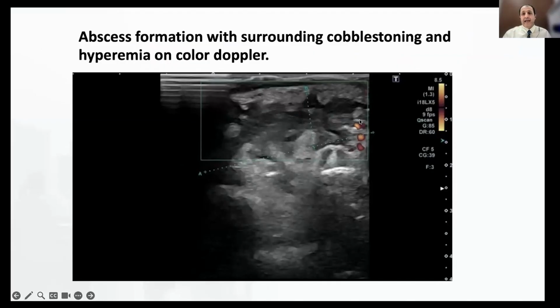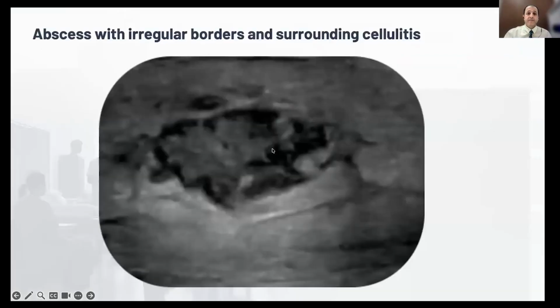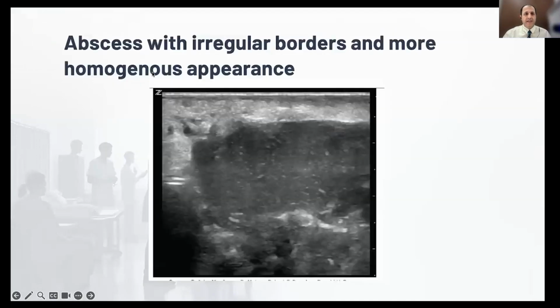And if you see here with the color Doppler, we have hyperemia, which means inflammation. Another abscess you can see here with irregular border, and there is a very mild effusion here, looks like cellulitis. So abscess may also have cellulitis at the same time.